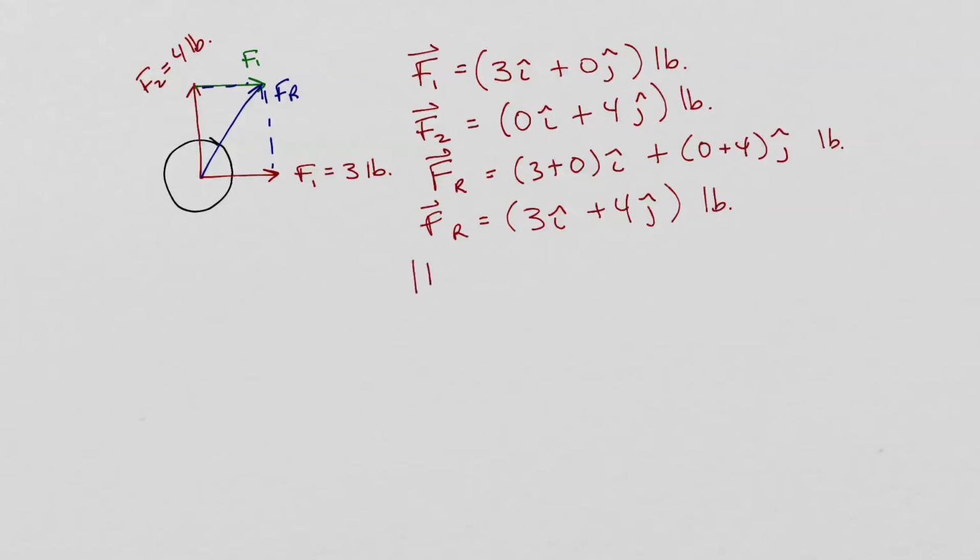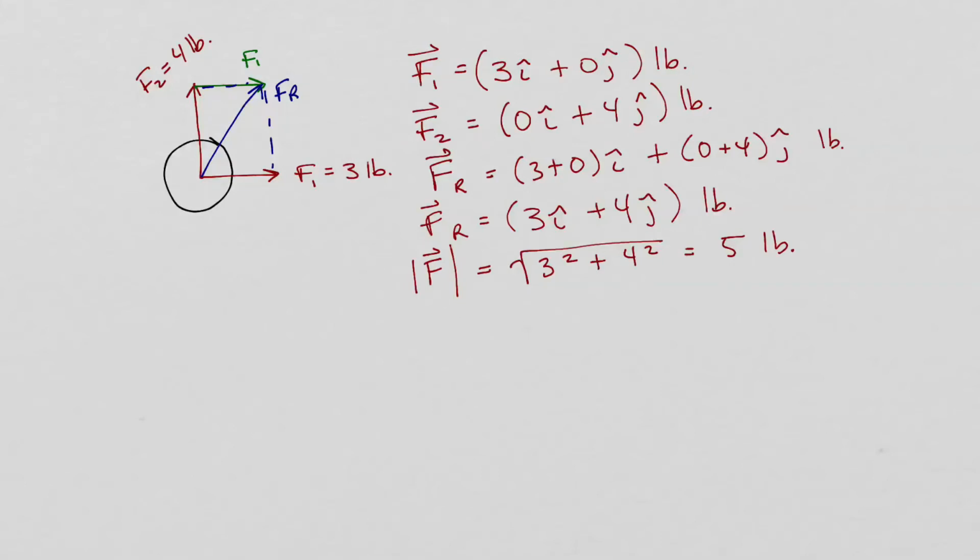You could have probably just figured that out without doing the resultant forces, but just to show you how that works, the magnitude of that force is just going to equal the square root of 3 squared plus 4 squared. So that's the square root of 25, so that equals 5 pounds.